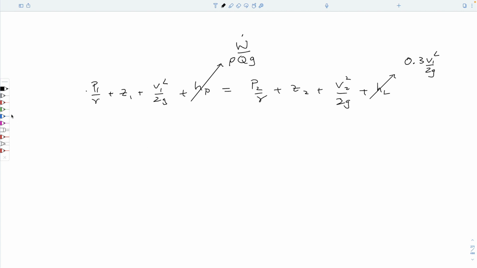And I would rearrange this in terms of taking this term to the left-hand side and taking everything else to the right-hand side.